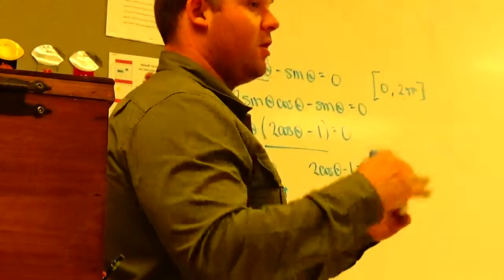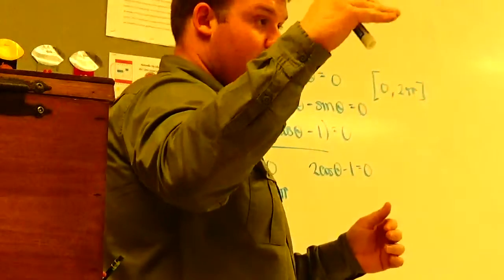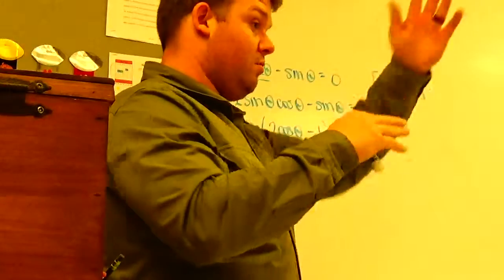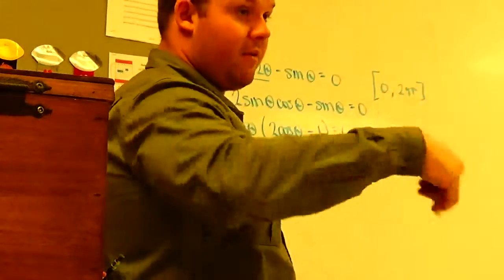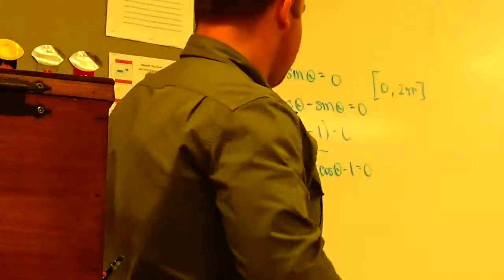So if you look, quadrantal angles, you go 0, because it's included, then you go to pi, which is 180, and then back around to 2 pi. Okay? Now we have to solve.